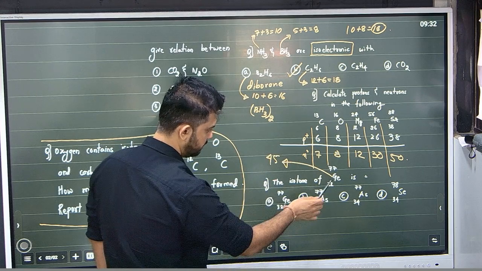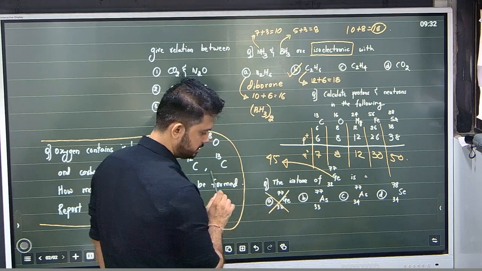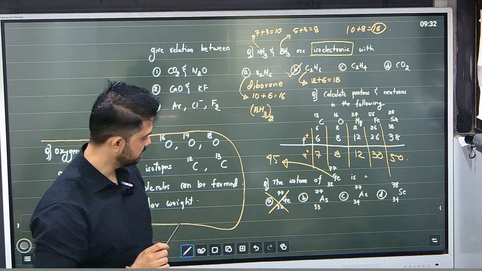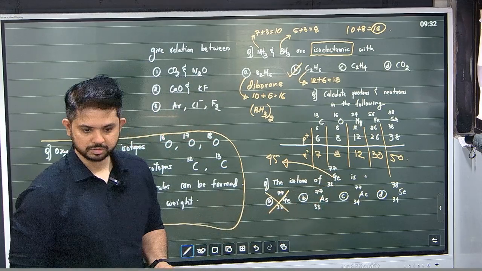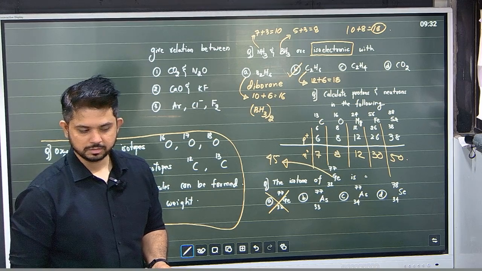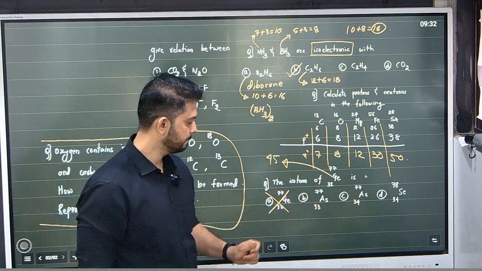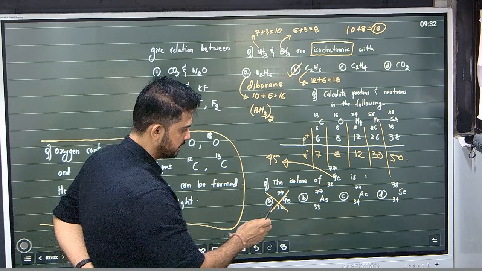I wrote the same element here. Can this be the answer? Germanium 77, 32, germanium 77, 32. Is that the isotone? The elements have to differ, right? Different elements.